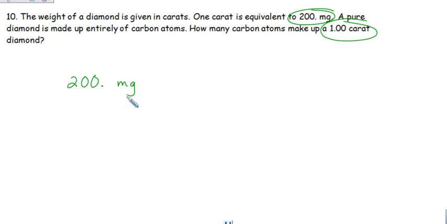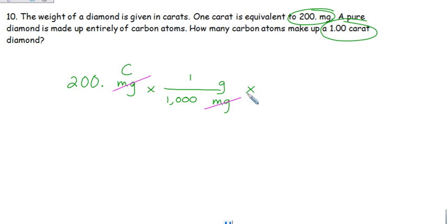You could set up a proportion where you cancel milligrams and switch it to grams. 1 gram has 1,000 milligrams. Milligrams are tiny. This would cancel to put you at grams. Grams of carbon. Should put that in there. This is milligrams of carbon.